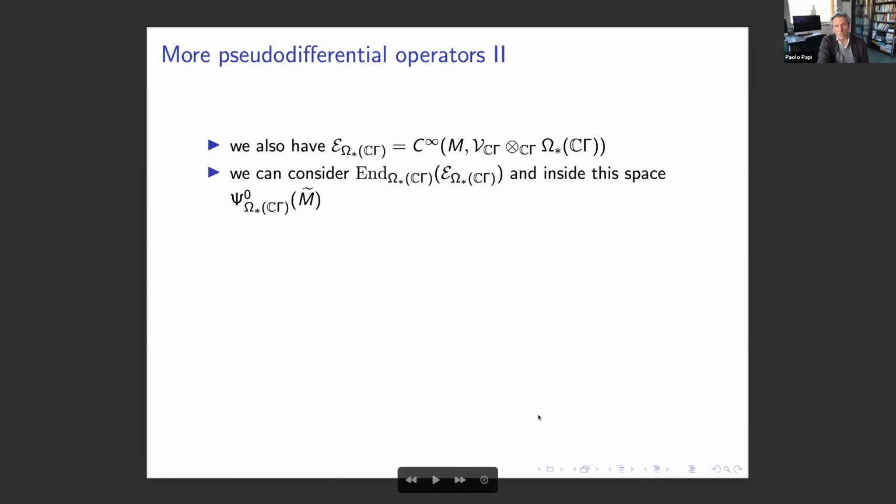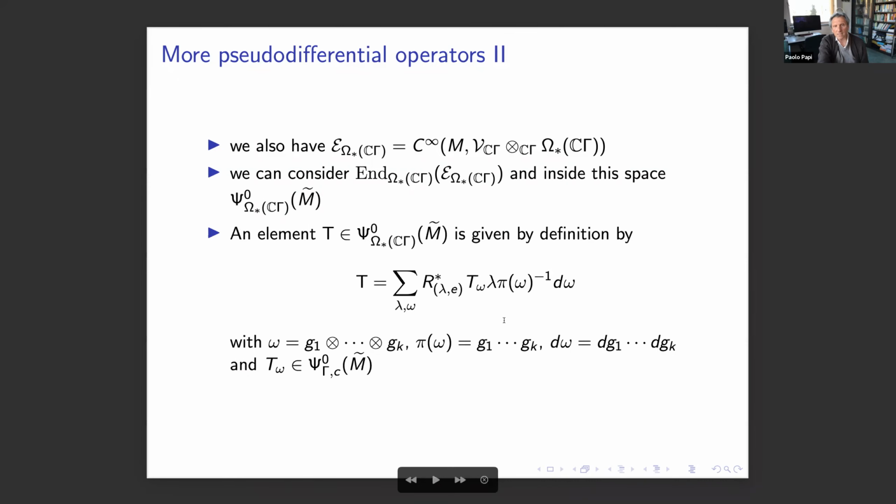Inside this space, we have an extension of the zeroth order pseudo-differential operators. An element in this space is simply obtained as before by translation, and then you have these basis elements in omega star C gamma. So this is a typical element in this space. It has these coefficients, pseudo-differential operators translated by lambda, and then you have these purely non-commutative things.